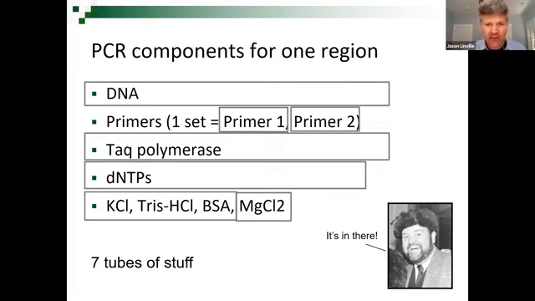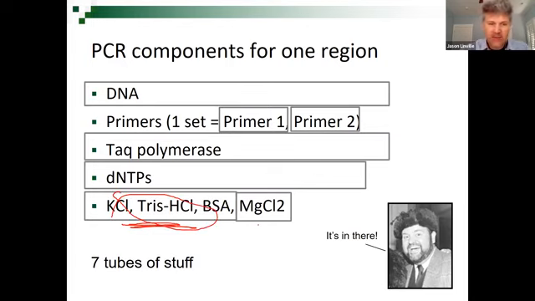We need to make sure our reaction is at the right pH. It has enough magnesium chloride for our reaction to work. So we get what's called a reaction buffer out of the freezer. Okay, this is our reaction buffer. It contains all these things that I said you guys don't need to know or memorize.